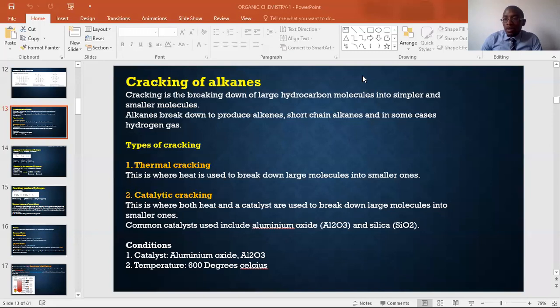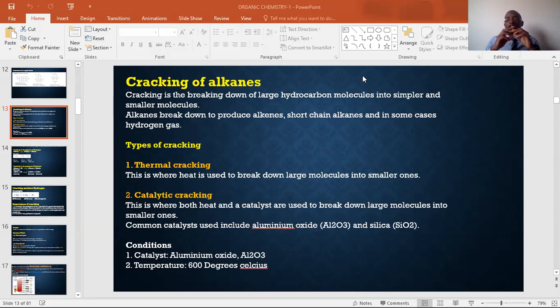So for today we're going to look at the process called cracking in alkanes. Alkanes undergo the process known as cracking. So what is cracking? Cracking is just the breaking down of a large molecule of a hydrocarbon.